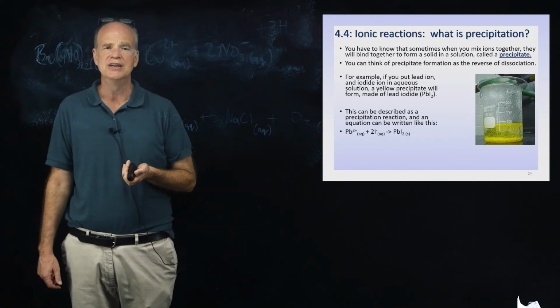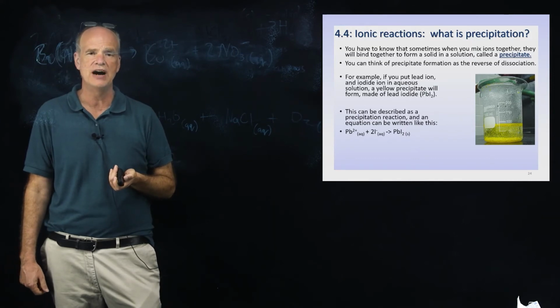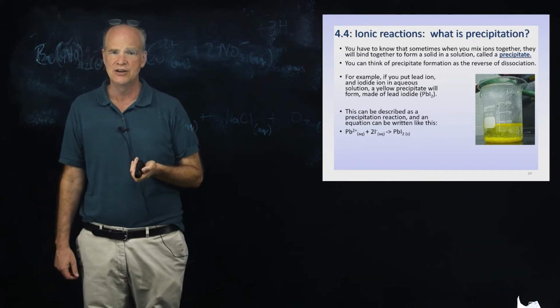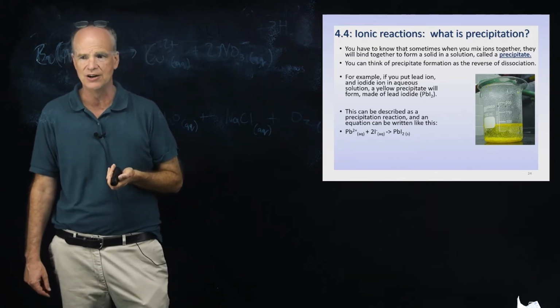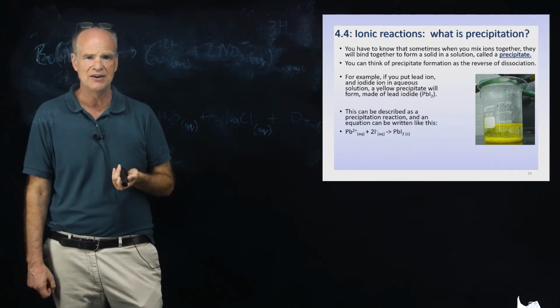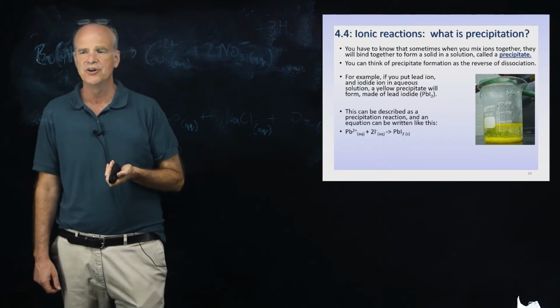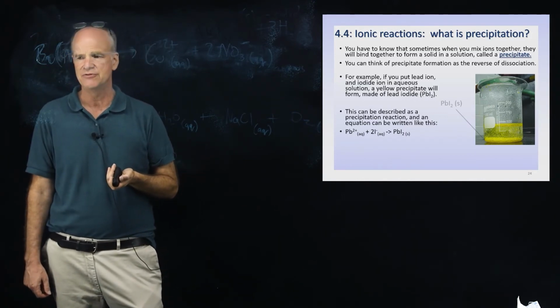What will happen is the lead and the iodide ions have high avidity for each other, and they will find themselves in solution and want to stick together, and when they clump together, they recrystallize out of solution. You can see that yellow solid there. That is how a precipitate forms.